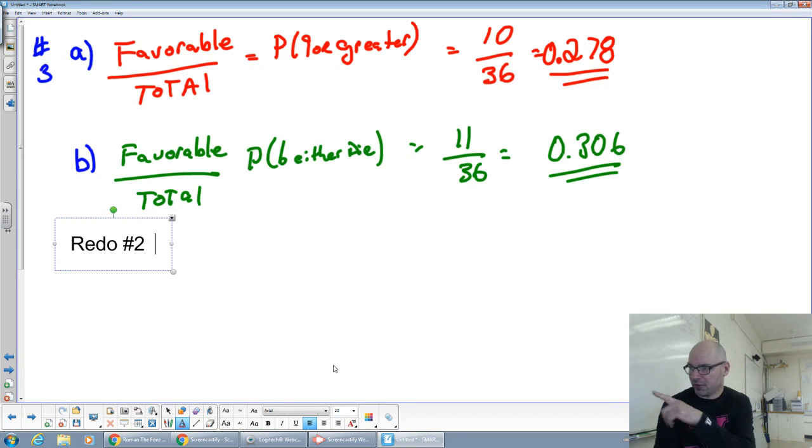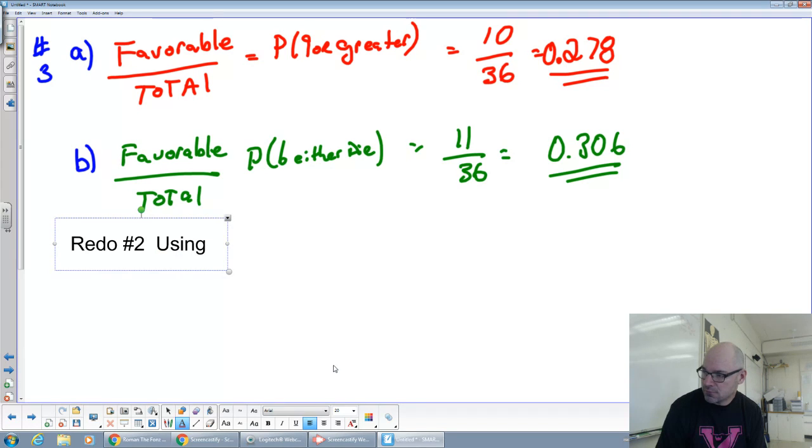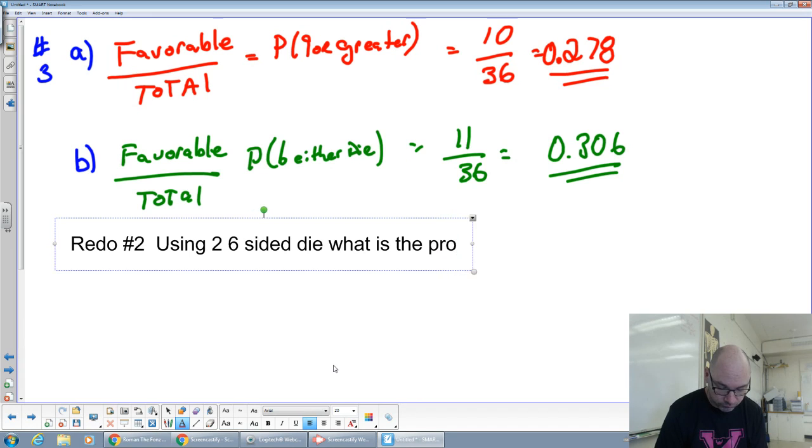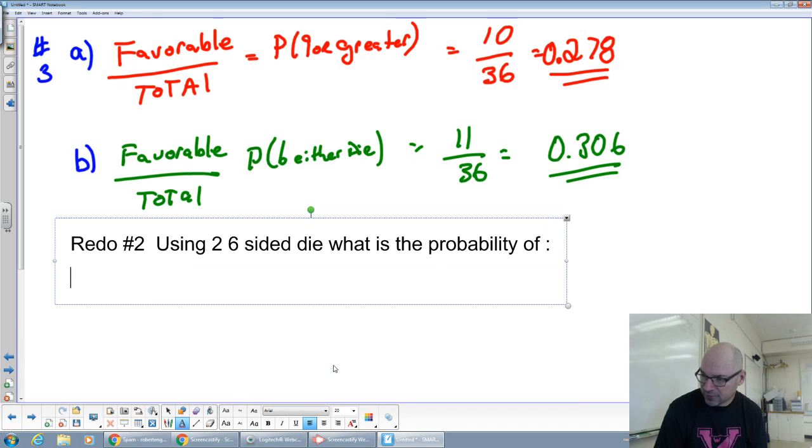Okay, this one will go: what is the probability, using 2 6-sided dice, of... Okay, so I'm going to change it a little bit. I'm going to say A, rolling a sum of, let's say, 5 or less.